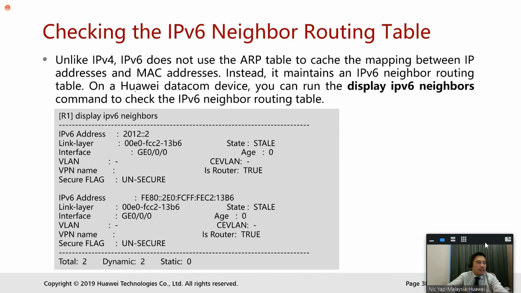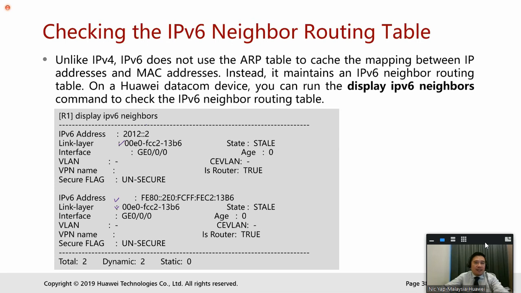You can use display ipv6 neighbors when I'm able to discover who you are already. So I will say that this is my neighbor, 2001 colon colon 2012 colon colon 2. This is a link layer address. Okay, this is my IPv6 address. These are link layer addresses and so on. So it's going to show you the detailed information inside your IPv6 neighbor tables.